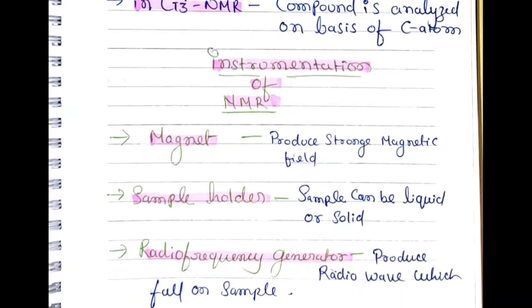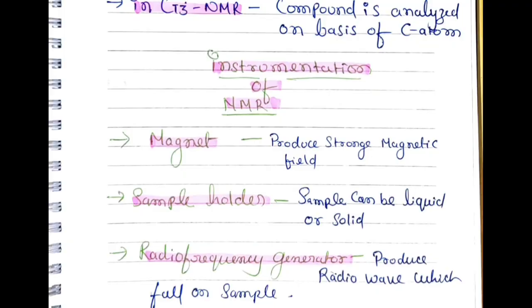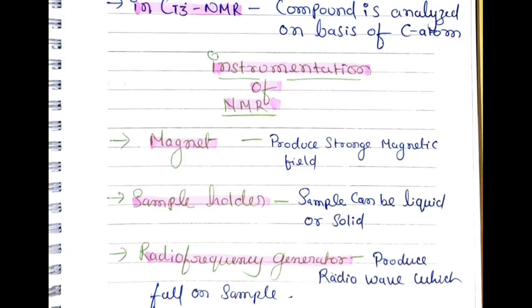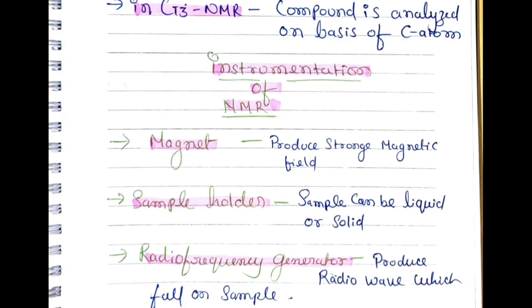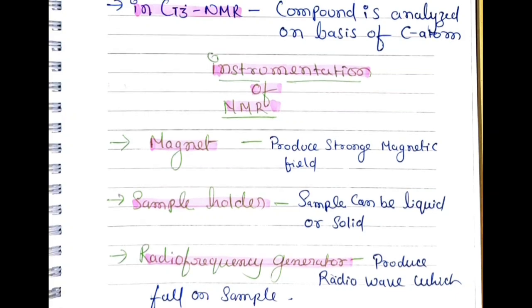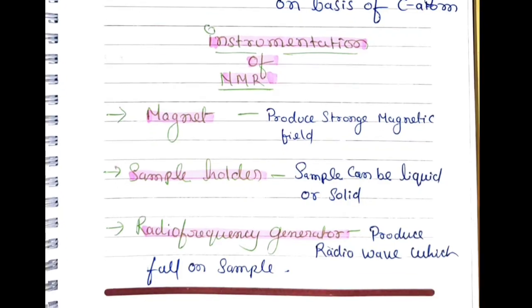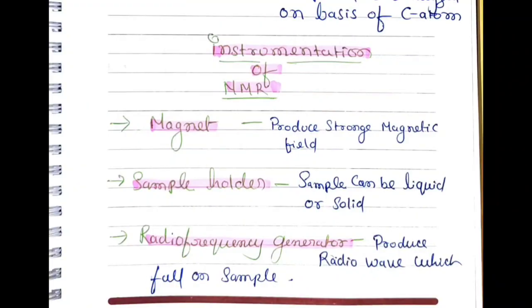The most important component of NMR is the magnet. Large magnets are used to produce a very strong magnetic field. The second one is the sample holder. The sample can be liquid or solid in the NMR technique. Now come to the radio frequency generator.